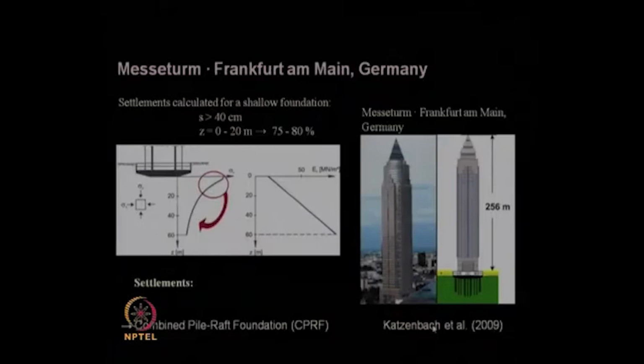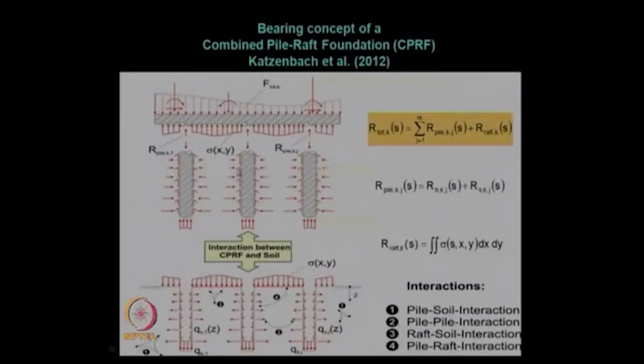The basic concept of the combined pile raft, or CPRF, foundation is the pile-soil-raft interaction process. This is a complex interaction where 4 major types of soil-structure interaction are involved, and the total load carried by the entire foundation is shared by the piles as well as the raft.